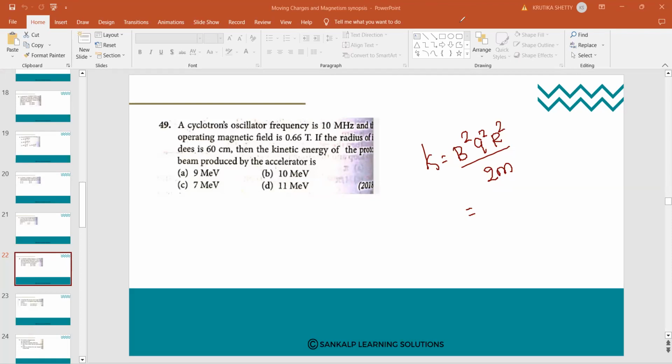What we require? Kinetic energy we require. Answer will be in terms of joule.